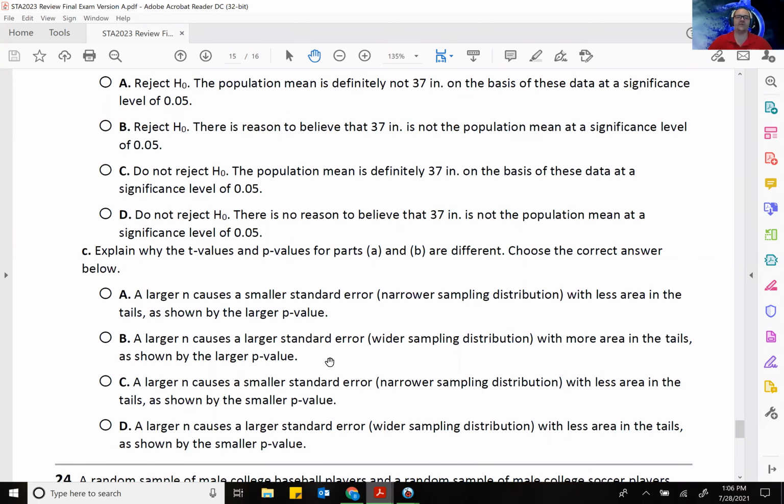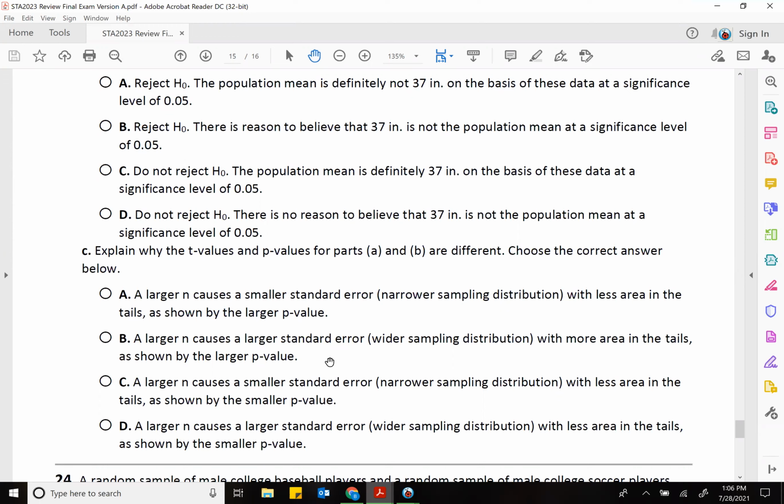All right. Part C. Explain why the T value and the P value for part A and B are different. When the sample size is bigger, the p-value gets smaller. Correct. That is true. So a larger n causes a smaller p-value. But it's talking about the standard error.